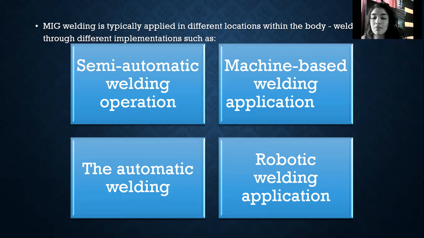For example, in machine-based welding it's necessary to do little settings, but in automatic welding the movement and the electrode are controlled automatically. And in robot welding application, there are machines that must not need any settings or any help. They do all the job by themselves.